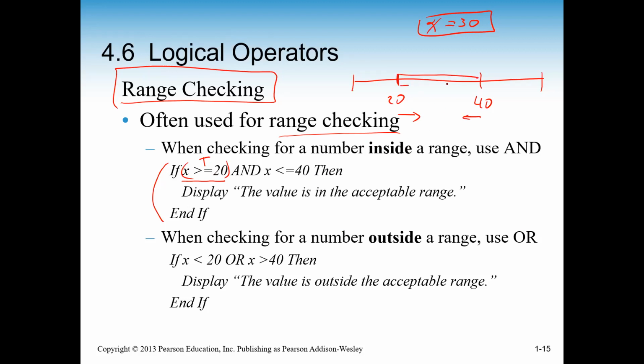So the range is this one, and my 30 falls within that range. This one also evaluates to true. And remember now that true and true evaluates to true, which means you will go in that path. So the value is in the acceptable range.